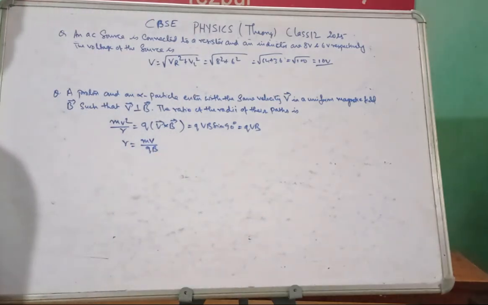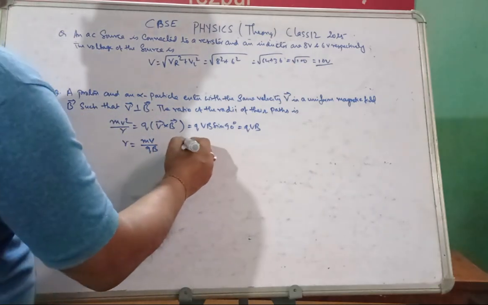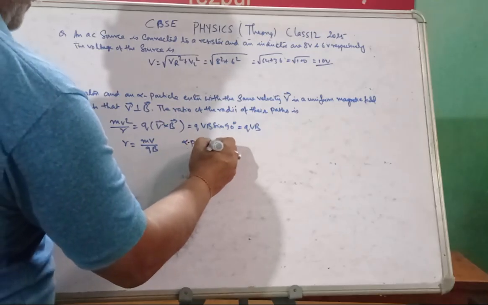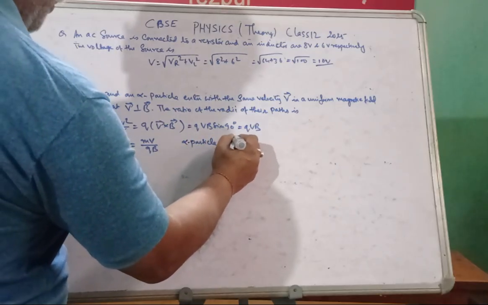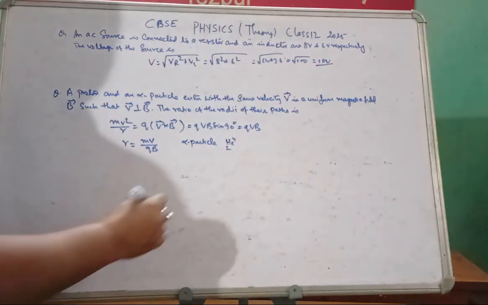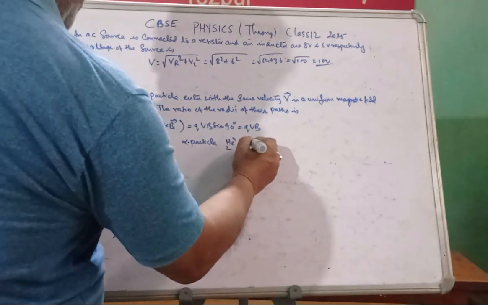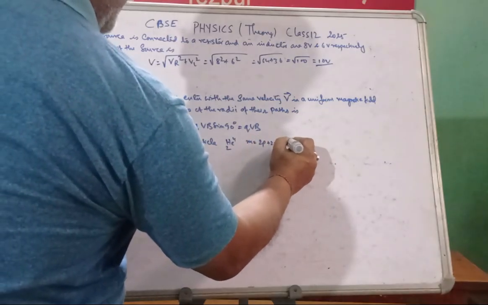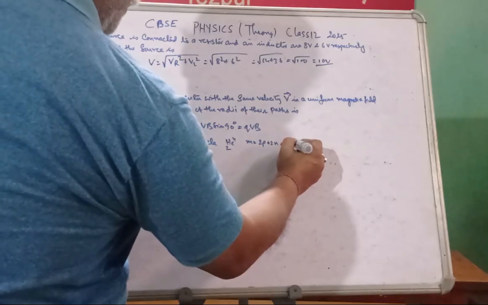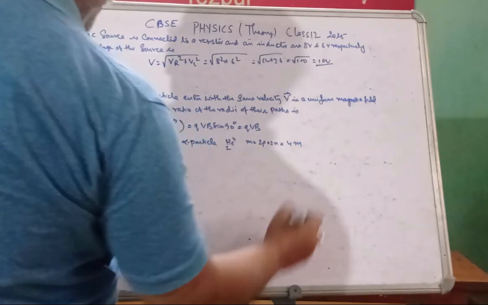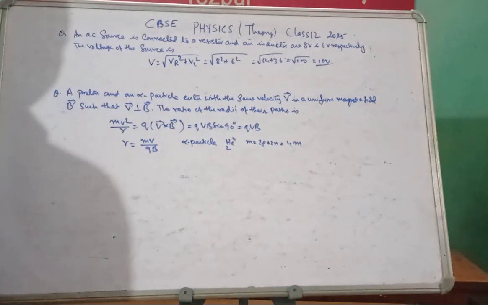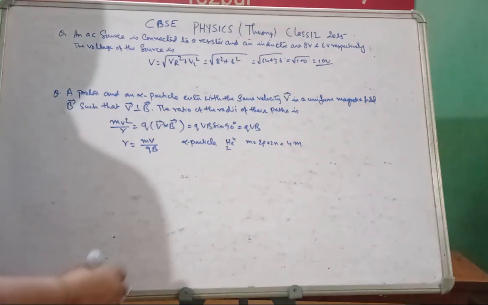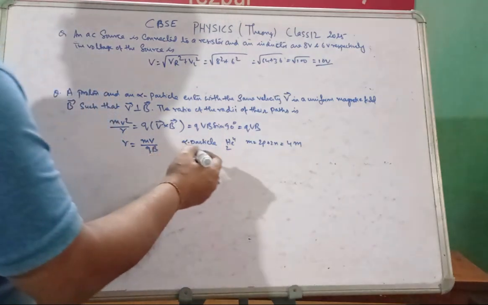Now your alpha particle is a helium nucleus, He 4 2. The mass of the helium nucleus is 2 protons plus 2 neutrons, so let me take this as 4m, and for the proton, this is m.